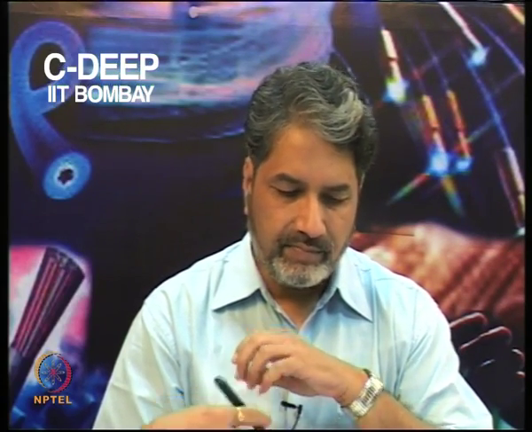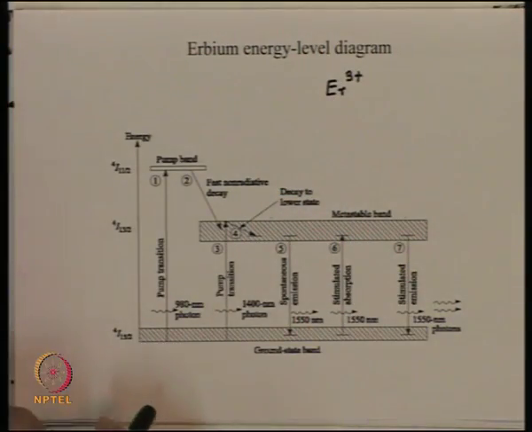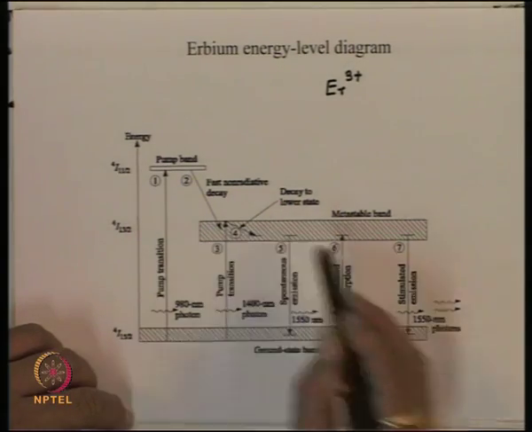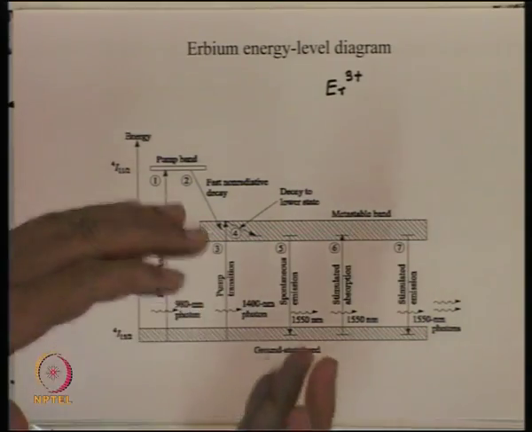The 980 pump source is more efficient, it can give you more gain, and it also gives you less noise. So 980 nanometer pumping is preferred compared to 1480 nanometer. Also, since the 1480 nanometer pump is close to the signal wavelength, the separation of the signal and the leftover pump, as we will see, becomes more difficult.